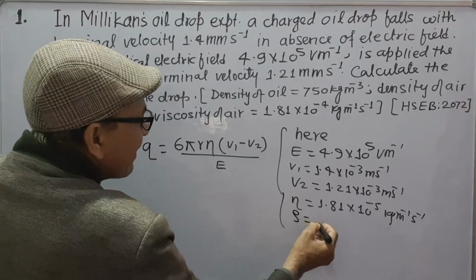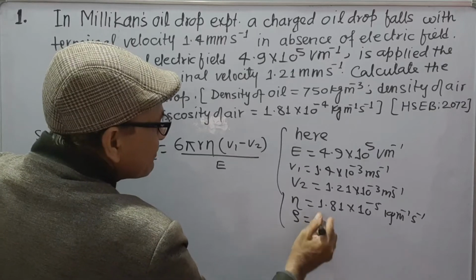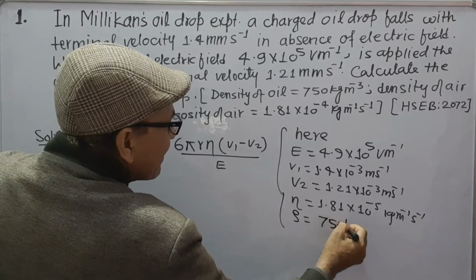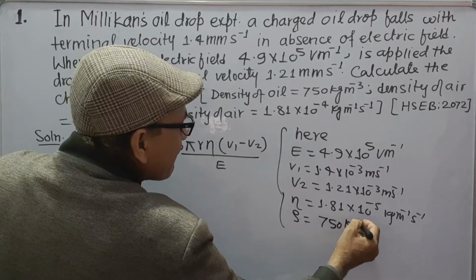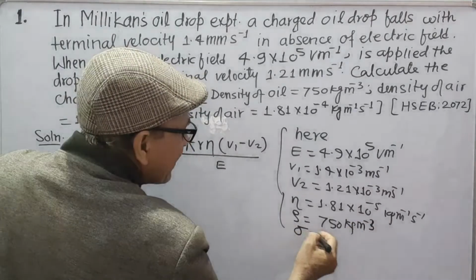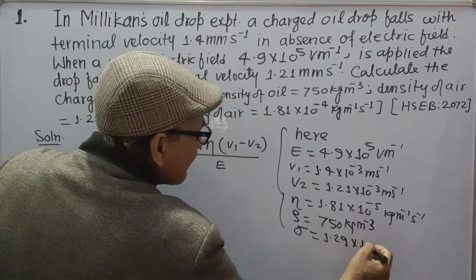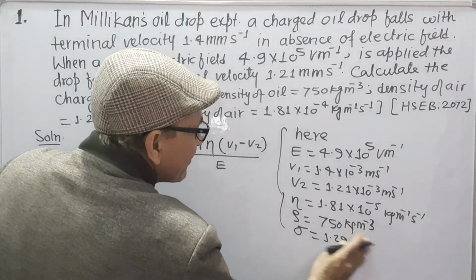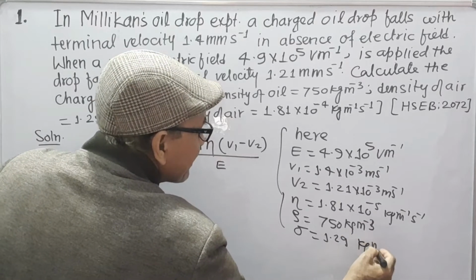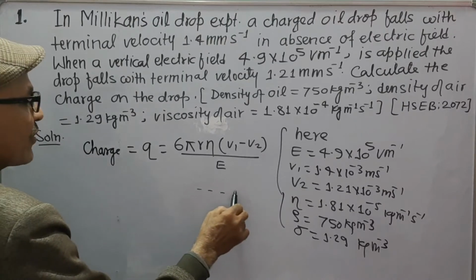The density of oil is 750 kg per meter cube, and the density of air is 1.29 kg per meter cube. Suppose this is equation 1.